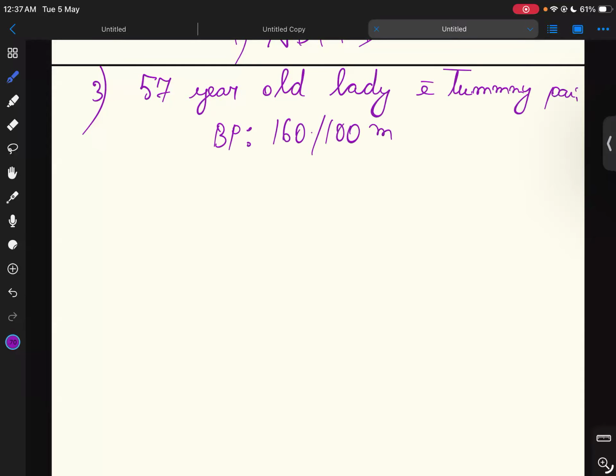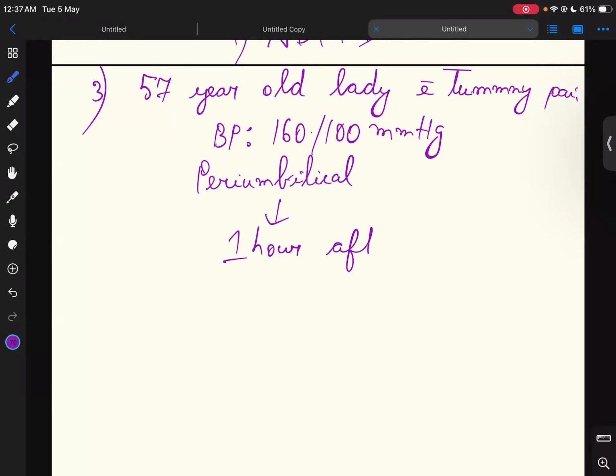After entering the station, the patient tells you she is feeling pain around the umbilicus, that is periumbilical tummy pain, and she has noticed that the pain increases 1 hour after eating. Mesenteric ischemia. Okay, doctor, let me complete the whole scenario.